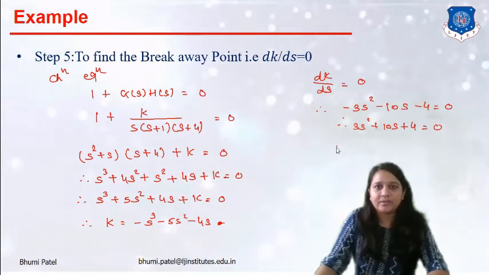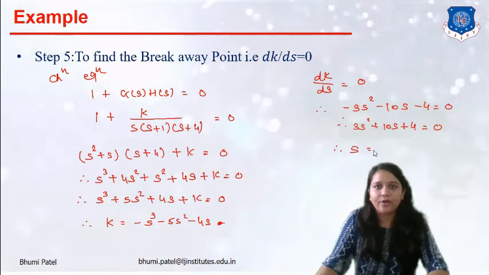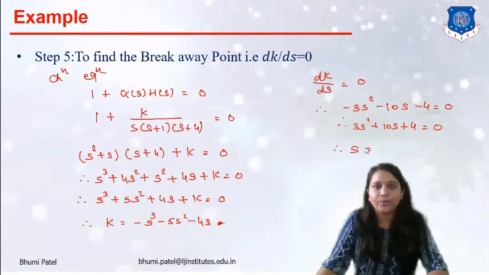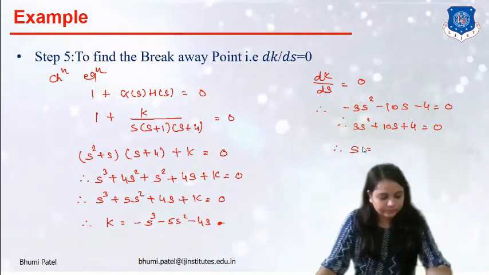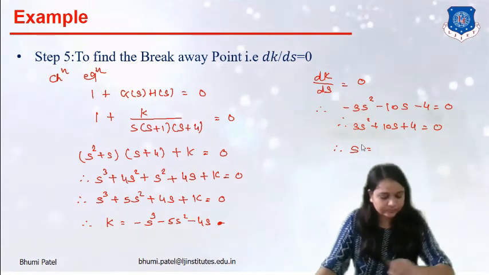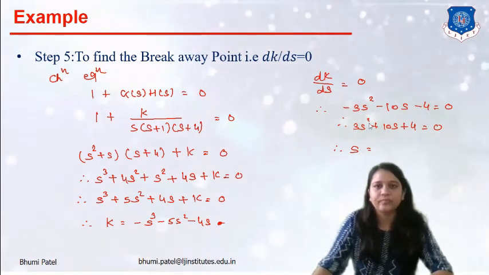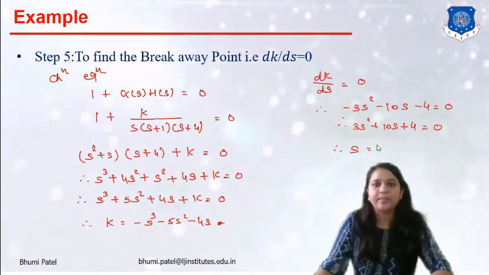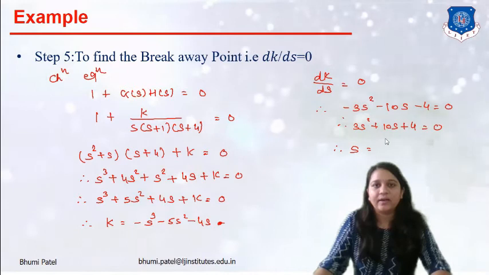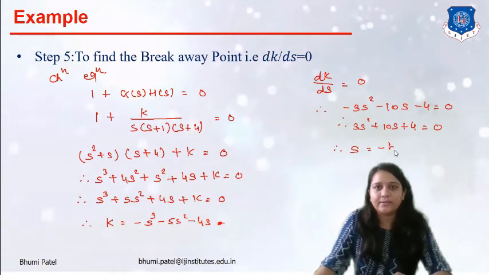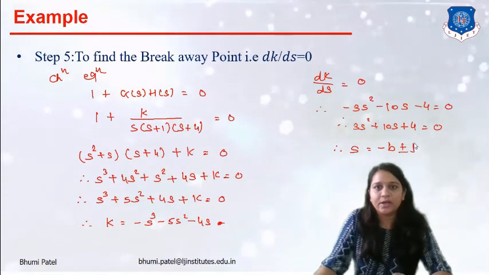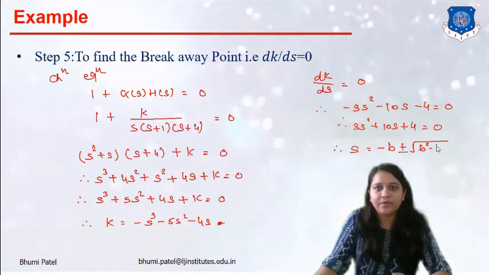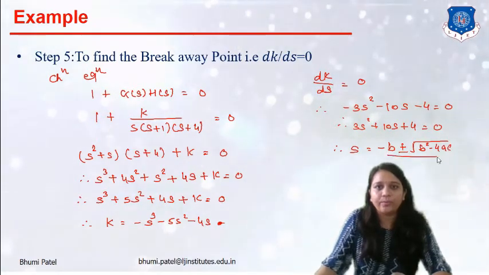Simplify this equation, and we can get the value of s. S is equal to minus b plus or minus the square root of b square minus 4ac, upon 2a.